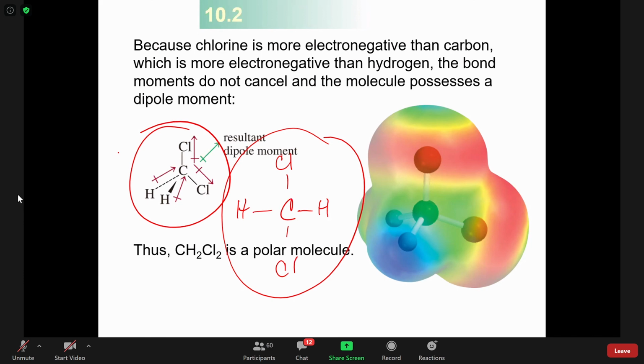So I hope that's illustrative for you. This is most definitely a polar molecule. Look at the heat map and look at these vectors. We have a resultant dipole moment, polar molecule. This would be the wrong way to consider it because then we'd start thinking that the vectors are canceling each other out, but they're not. Okay.